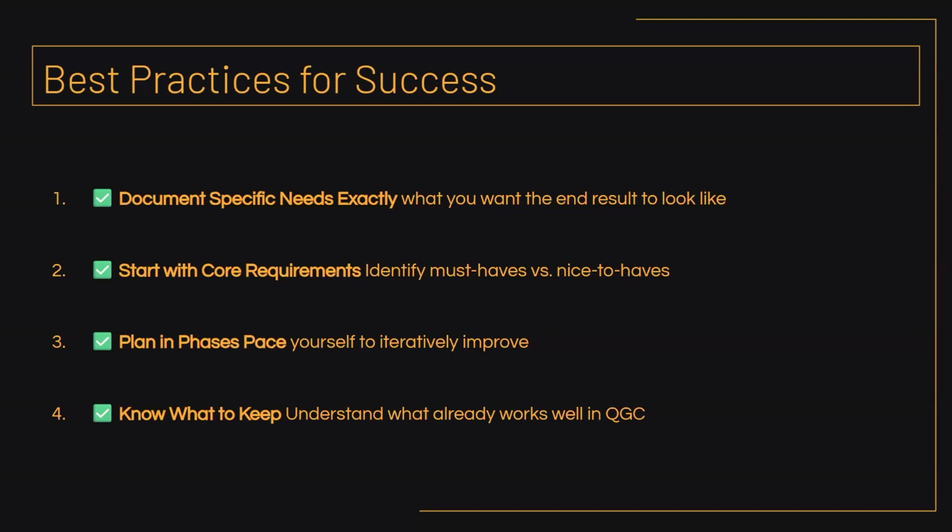If you just go in thinking, oh yeah, we should do everything that we want all at once, you're also setting yourself up for failure. You should have a list of the stuff you want to do in the short term versus long term, and basically plan that out. And that goes to the next point, which is to plan in phases. This is how software is usually best created, when it's iterative.